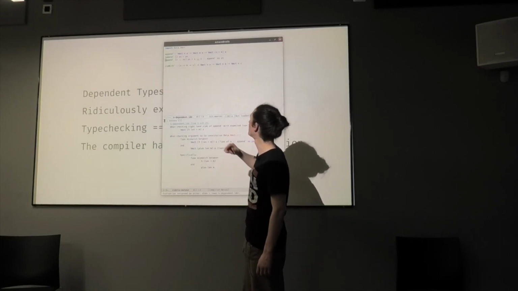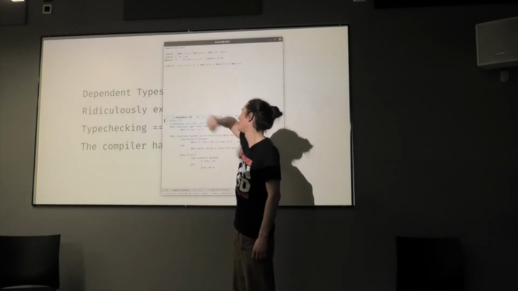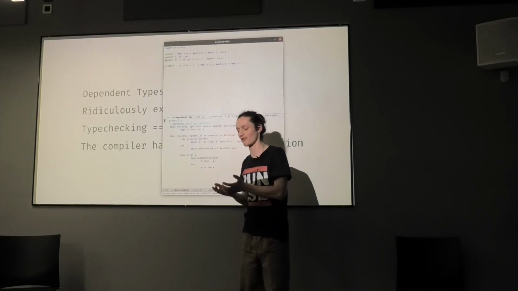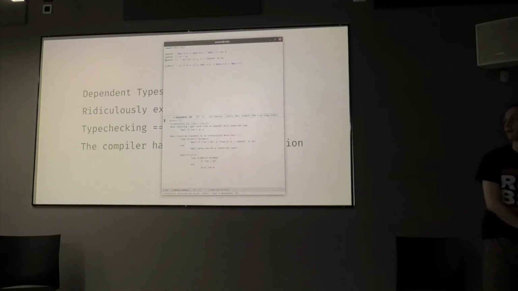If you have a descriptive enough type, then the fact that your program type checks can be thought of as a formal proof of correctness. Another really cool aspect of dependent types is that because you're giving all of this additional information to the compiler, it can do a lot more stuff for you.